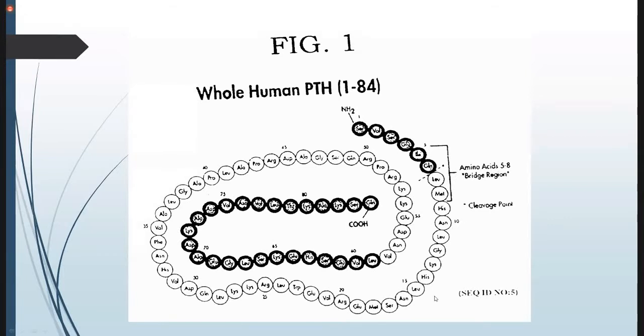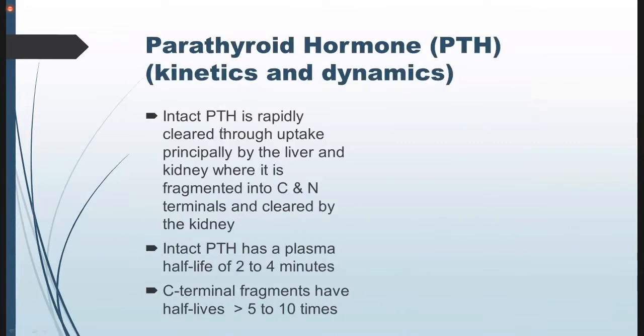You can see it is a long polypeptide chain composed of several amino acids, almost 81 to 84 is the count, and the most active region of this whole polypeptide is the last 5 to 6 amino acids. But the function of the whole polypeptide is important for its regulation, functioning, secretion, and so on.